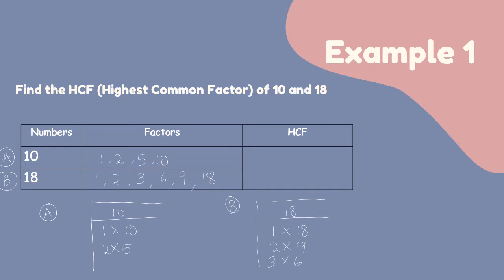So these are the only two pairs of numbers where they are the same. But remember, we are looking for the highest. So between 1 and 2, 2 is the highest. So we are picking 2 as the highest common factor of 10 and 18.